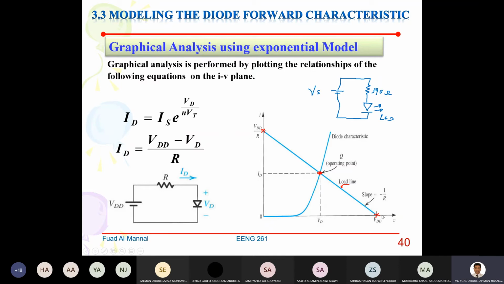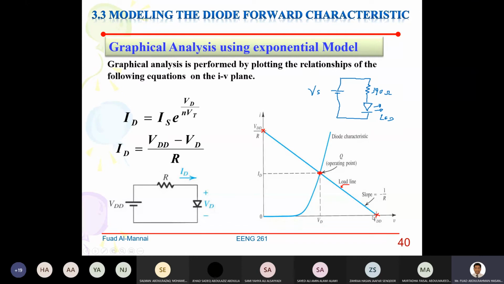Now, to find this point over here, we come to our equation, the one that we produced from here. We said that at this point, we look back and the ID is equal to 0.